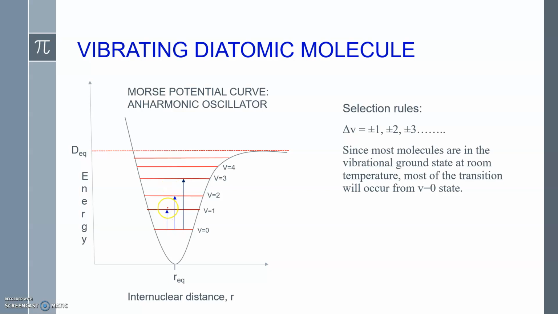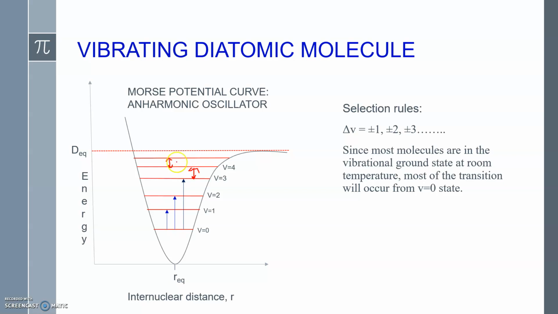If you see the gap between v equal to 4 and 5, and look at the energy gap between 3 and 4, you can see that as v increases, the vibrational energy levels come closer together.